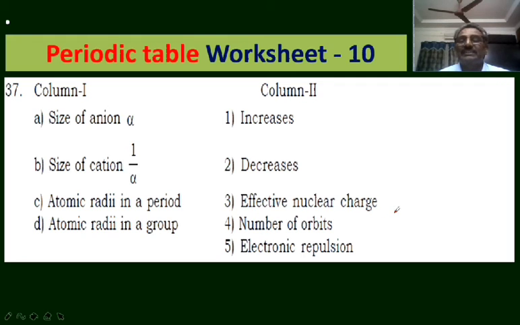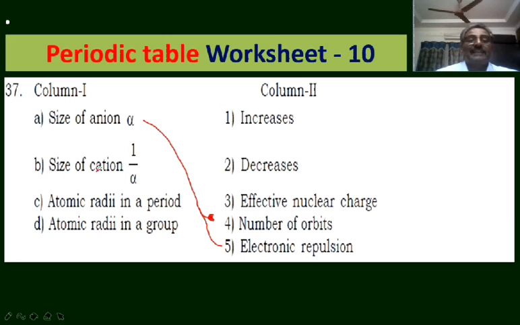If effective nuclear charge increases, size of anion will not increase, it will decrease. If an electron is added to a neutral atom, the interelectronic repulsions increase. As a result, the electron cloud spreads to more region. Because of that, the size of the anion increases. So, size of anion is proportional to electronic repulsion.